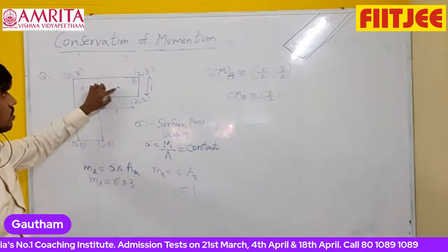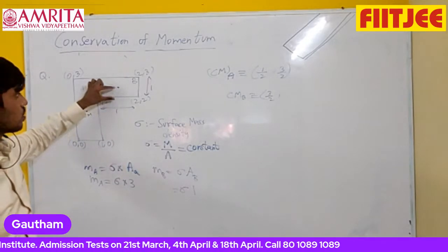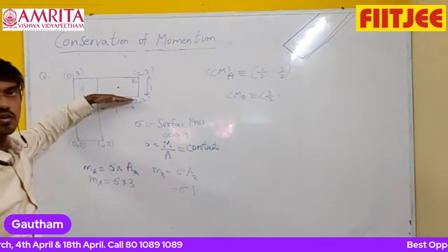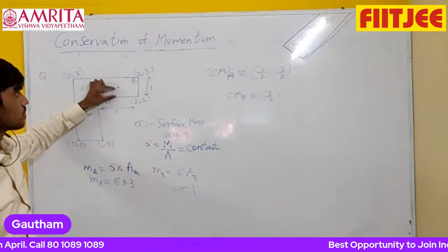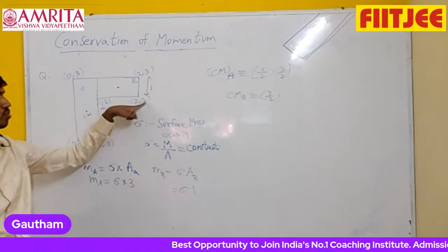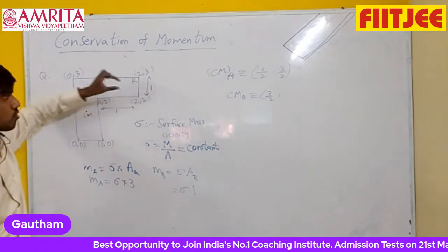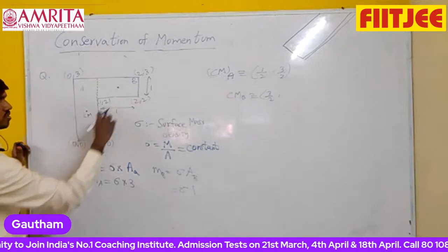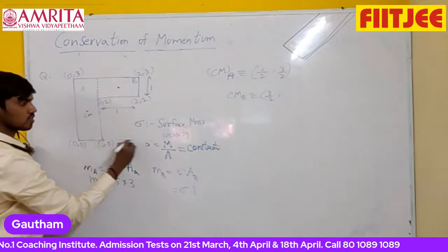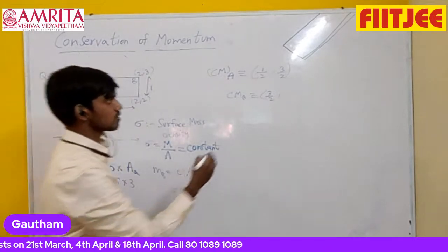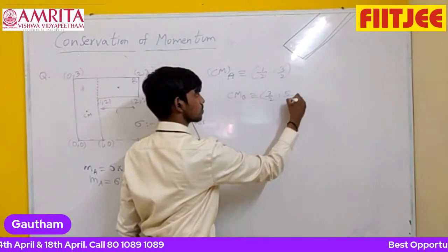Similarly, y coordinate of this body B will be, center will be half unit from the bottom line, so half unit from here, this line is already having a y coordinate of 2, so this is y coordinate of 2 plus half unit from here. So from the axis, the total length will be 2 plus half, which is 5 by 2 or 2.5.